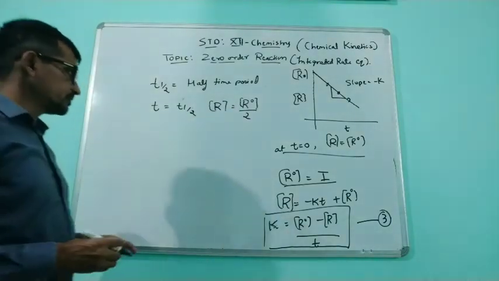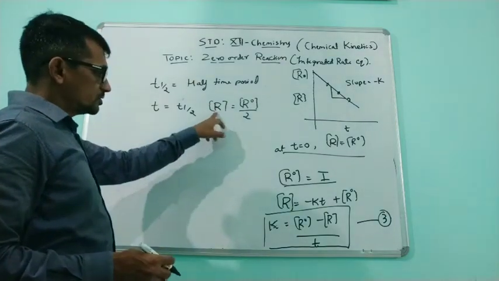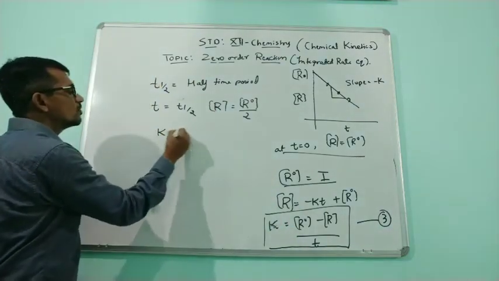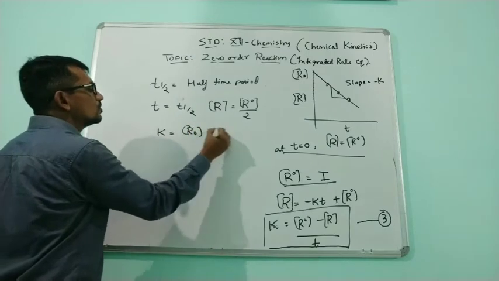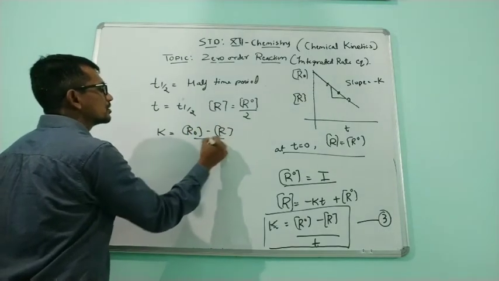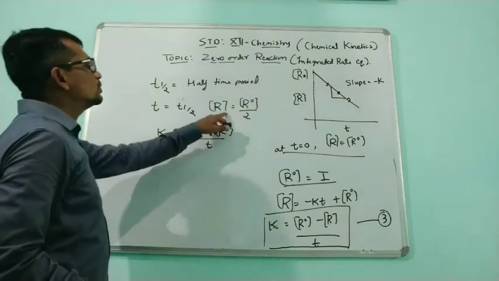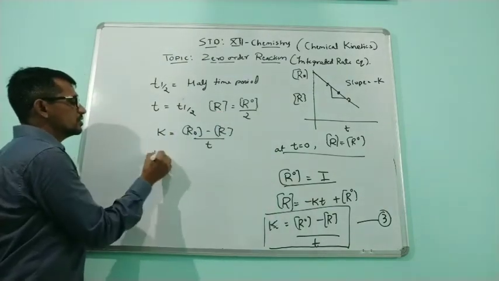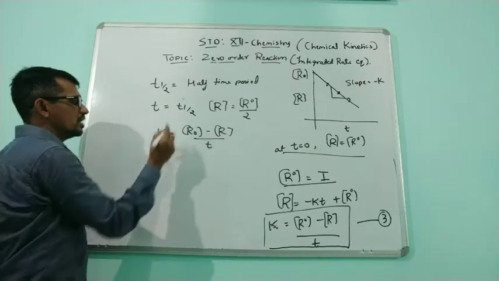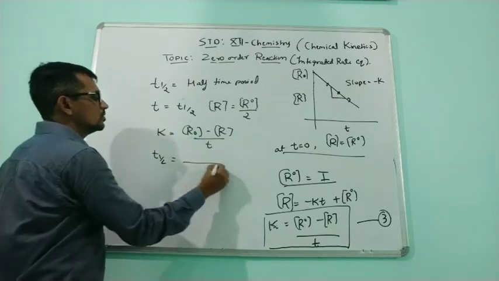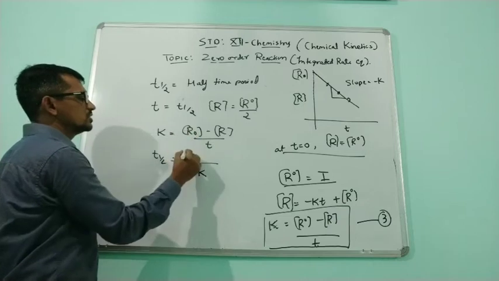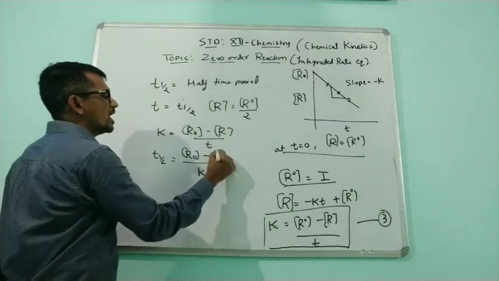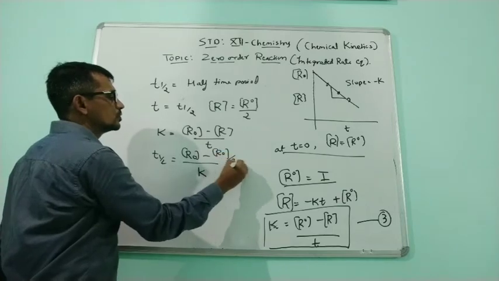So this value you put in the main equation, k is equal to ([R]0 minus [R]) upon t. Instead of t you write t half. t half is equal to 1 by k times [R]0 minus [R]0 by 2.